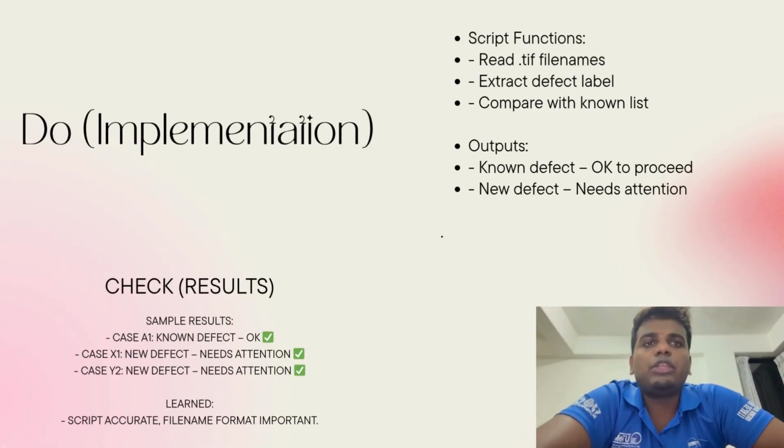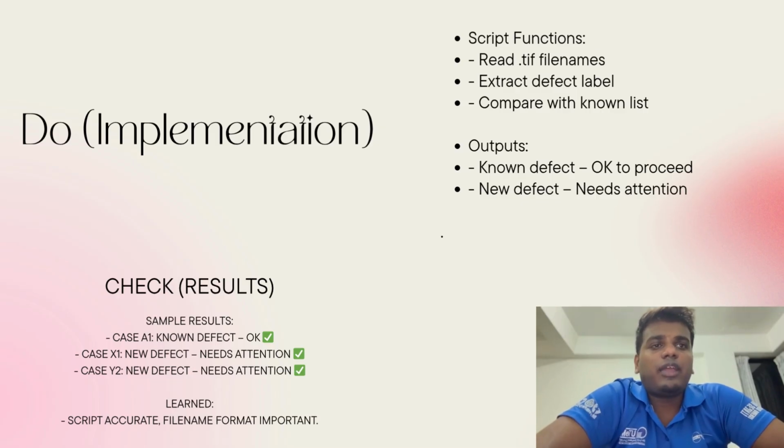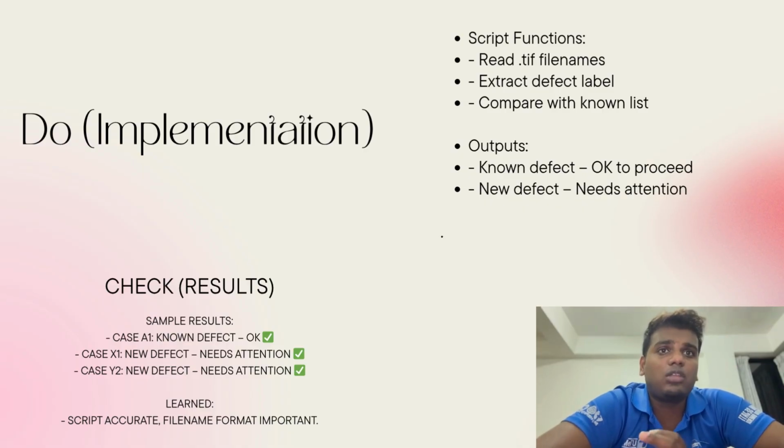And the next one will be do, implementation. So here's what I did in the do phase. I created a small Python script that reads TIFF file names such as defect_a1.tiff. From the file name, the script extracts the defect label like A1 and compares it to a list like A1, B2, or C3.